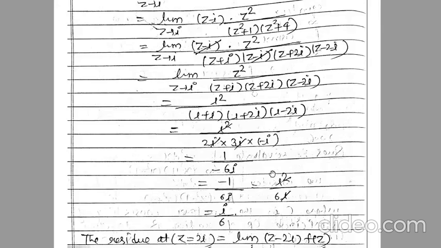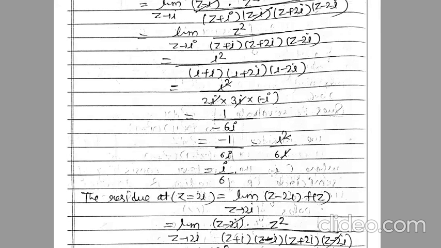Now apply the limit, and you will get iota square upon (iota plus iota)(iota plus 2 iota)(iota minus 2 iota). Now solve this and you will get 1 upon minus 6 iota, which you can write as minus 1 upon 6 iota.